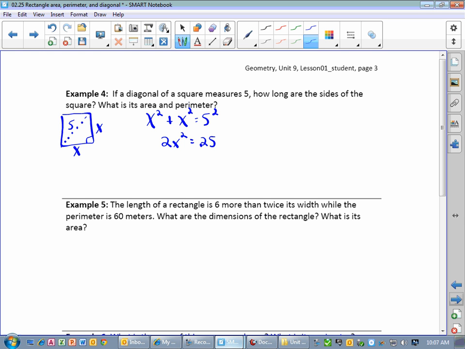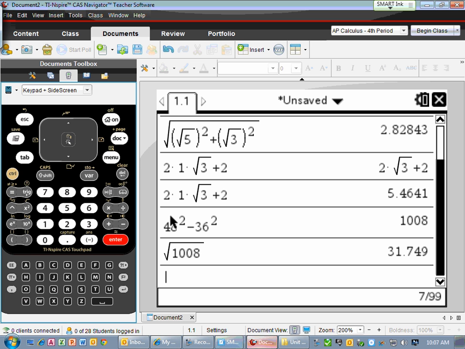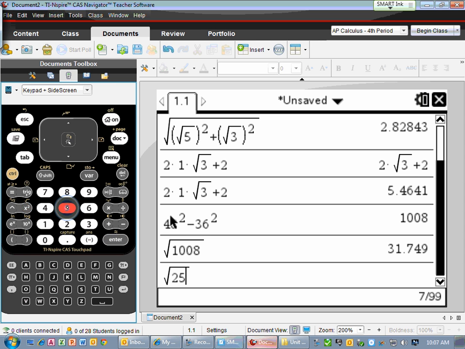Solving for x, we divide by 2 on both sides, so we get x squared equals 25 divided by 2, which means x would be the square root of 25 divided by 2. Notice this time we actually want the whole 25 divided by 2 in the square root. Square root of 25 divided by 2.